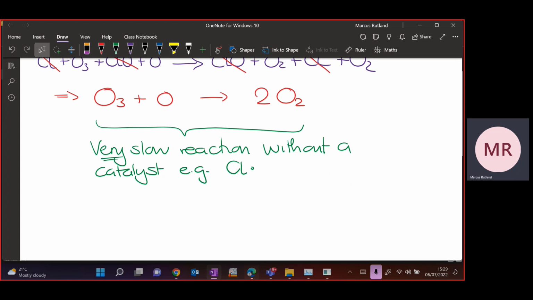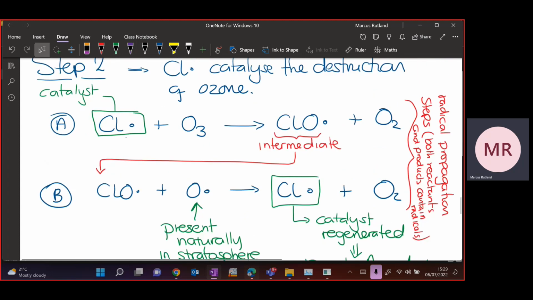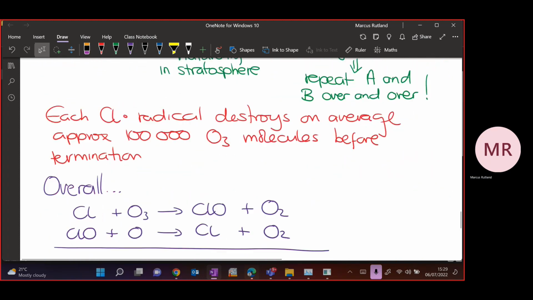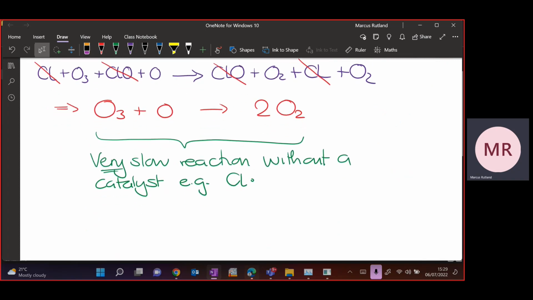This should remind you of the definition of a catalyst. So what was the definition of a catalyst that kind of fits with the fact that the chlorine radicals are giving us these steps that make for a faster reaction than just the ozone molecule directly reacting with an oxygen atom?